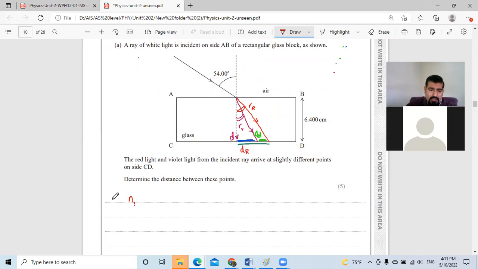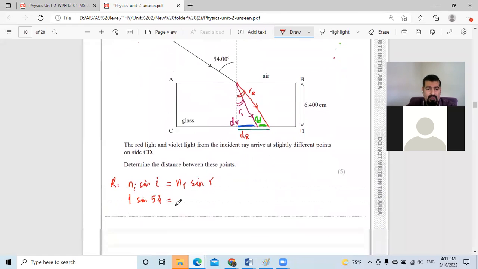So Ni sine I equals Nr sine R. Ni, which is 1 for air, sine 54 equals Nr for red, which is 1.513, sine R. So by using the calculator, R will be 32.32 degrees.